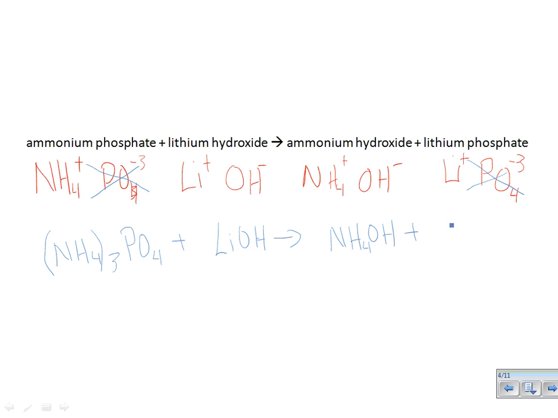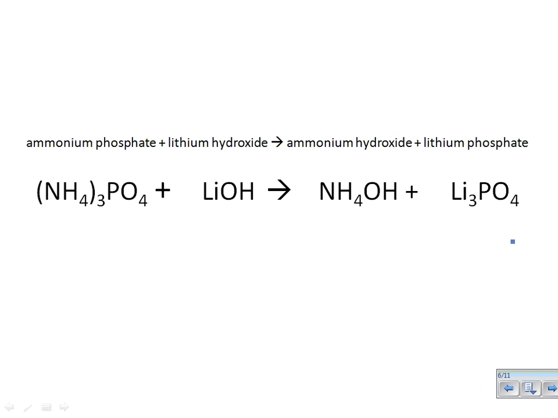And then over here we will need 3 lithium ions for every 1 phosphate ion. So there we've got our chemical equation with formulas. So now we can go ahead and balance that equation.